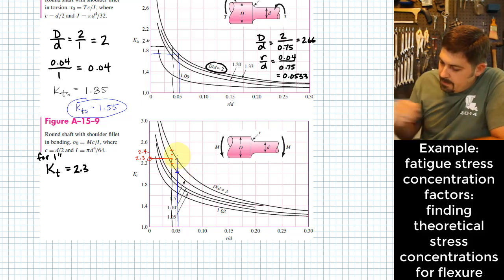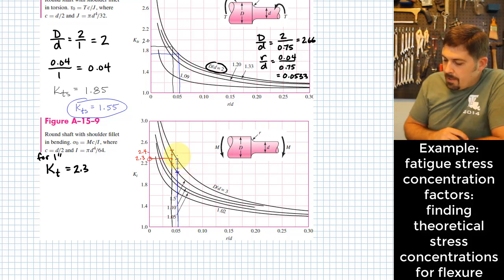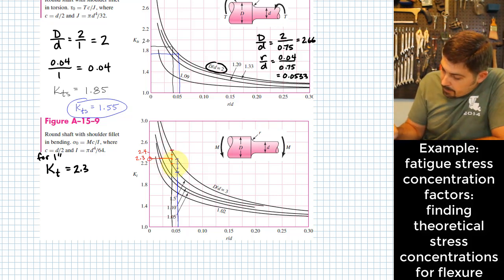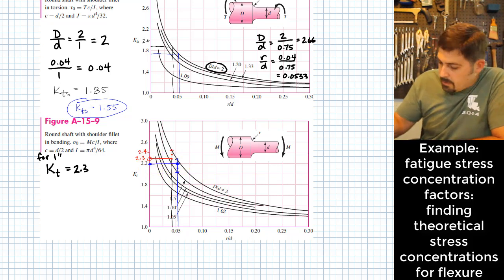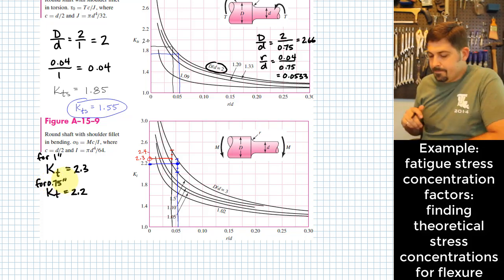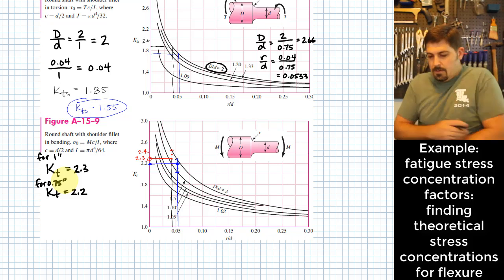Something like that. And it looks to me like we wind up being pretty much about 2.2, which is probably pretty close to my 2.66 value as far as capital D over D. Okay, so K sub T is 2.2 for the 0.75 inch side. Okay, well, what do we do with that?